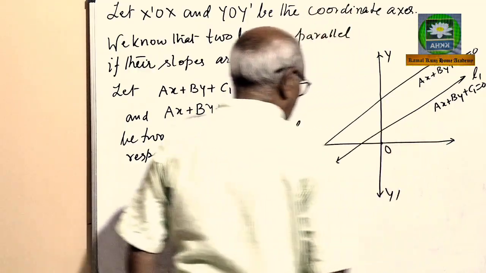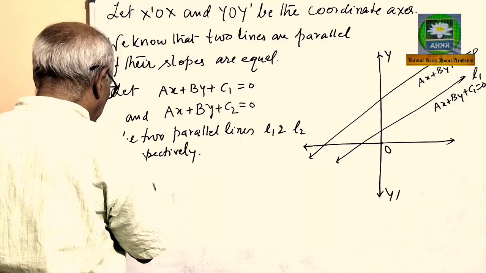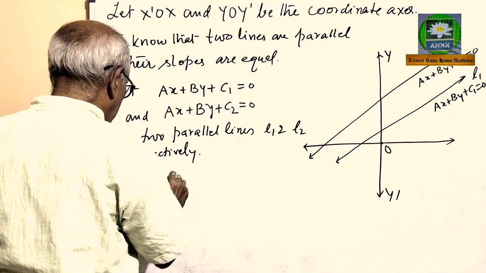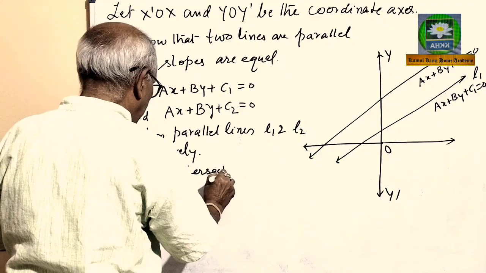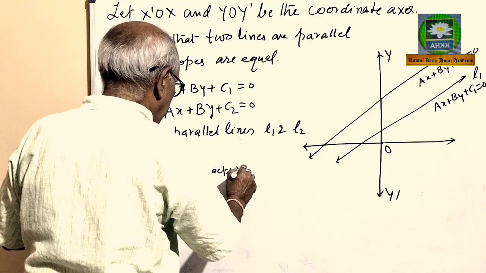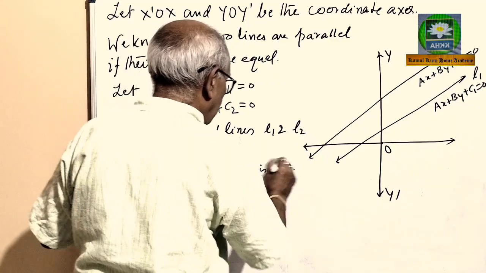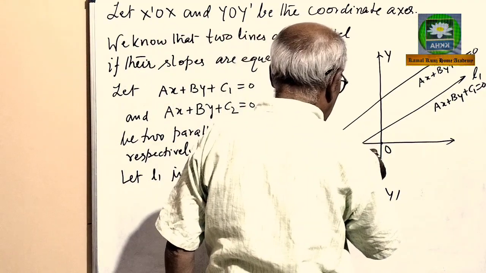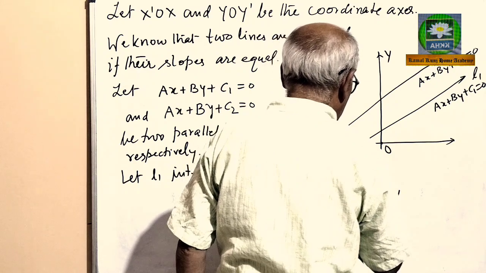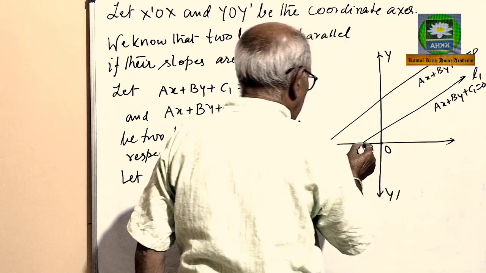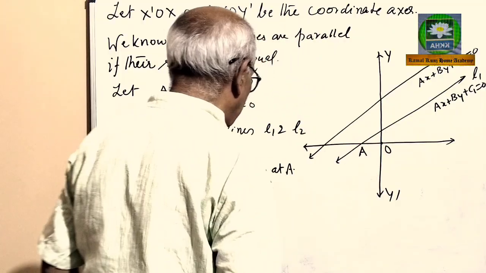Now let line L1 intersect the x-axis at A. See the point A. So at point A, the value of y will be 0.